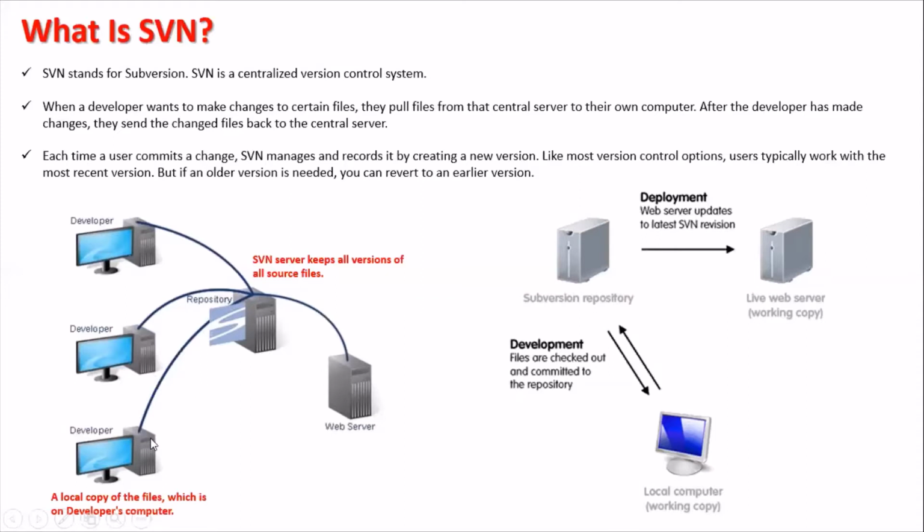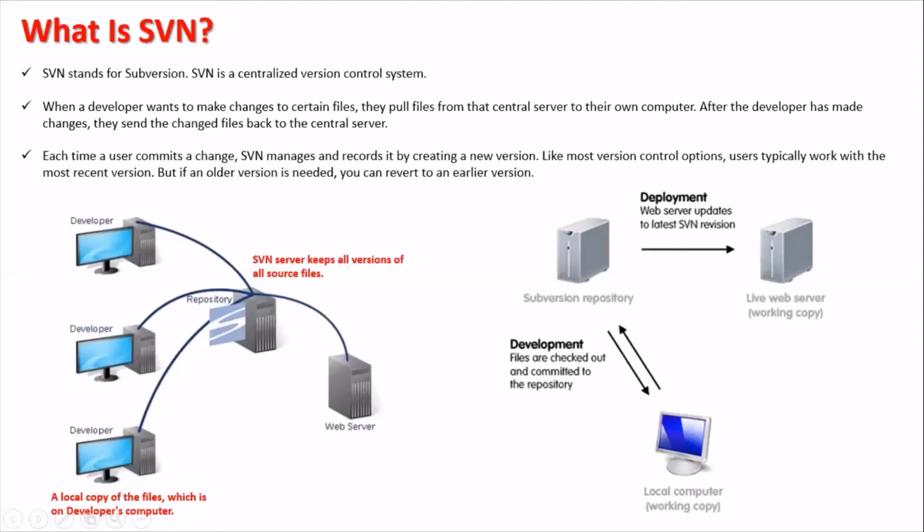After he makes the changes, he will import them back to the SVN server. Each time the user commits a change, the SVN server records it and creates a new version of that project. So what's the benefit? The developer has the most recent copy on which he is working.